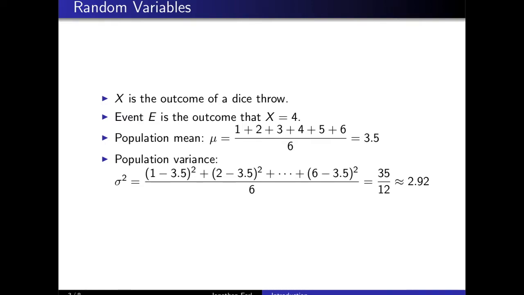But instead of dividing by n minus 1, we now divide by just n. So here what we would wind up with is 35 over 12, which is about 2.92. So that's what we would get for a population variance.